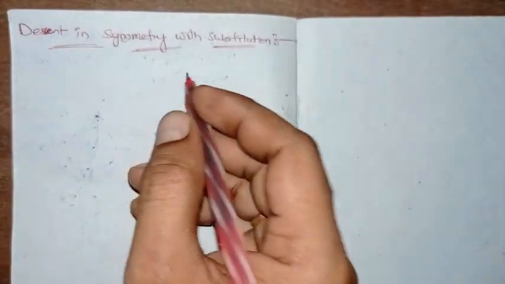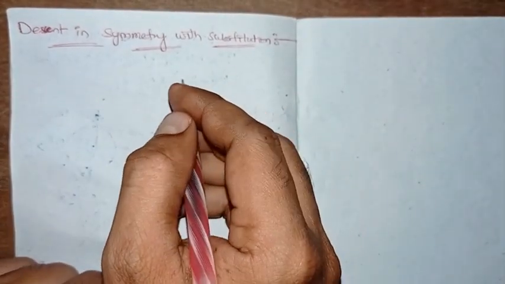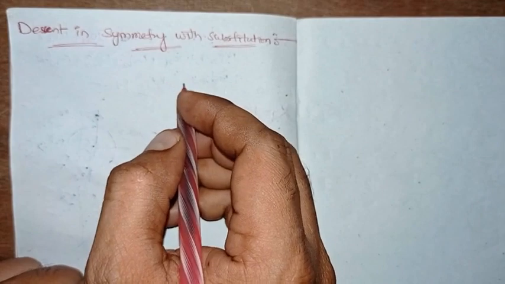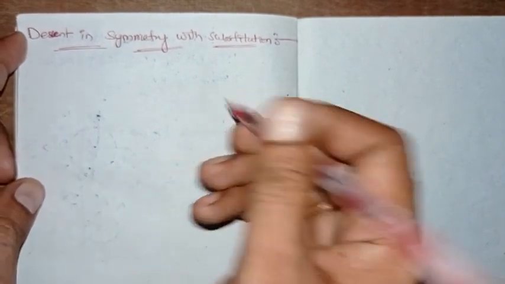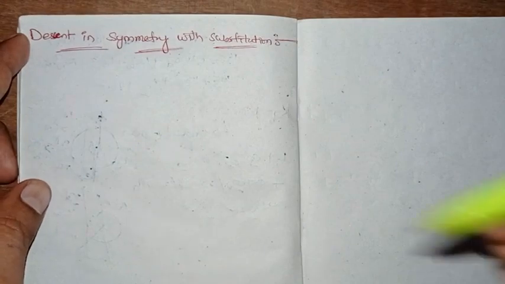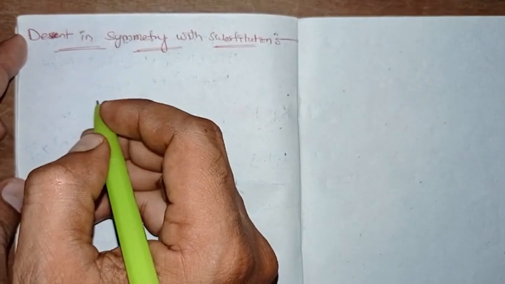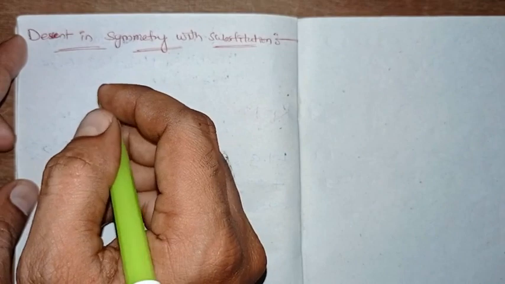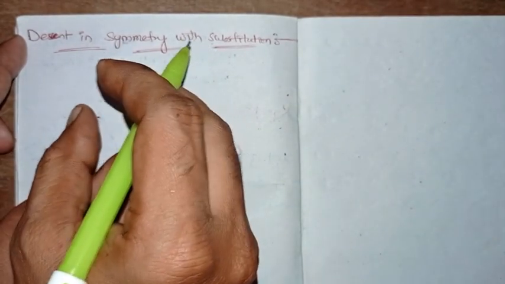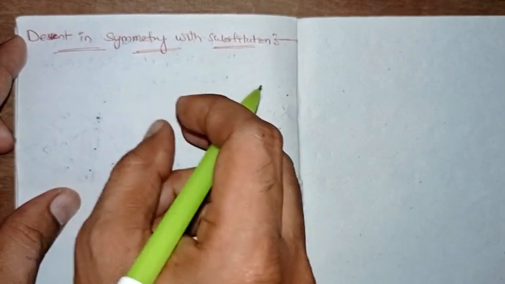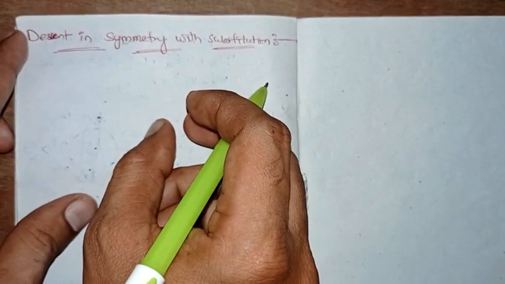Hello everyone. Today I am going to explain descent in symmetry with substitution in a molecule. When we are substituting an atom, an element or a group in a molecule, its symmetry point group will decrease.